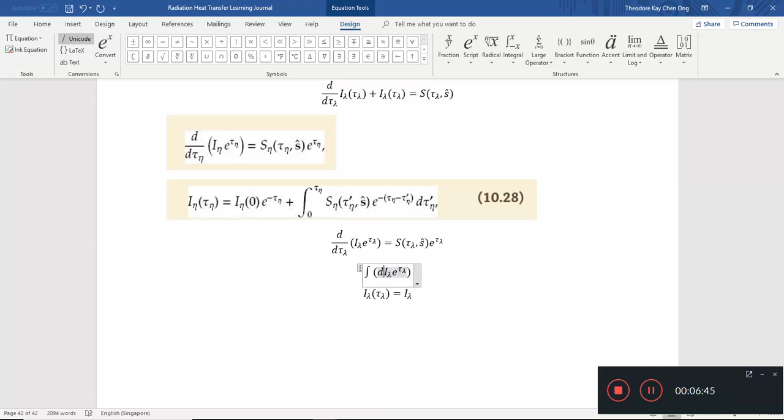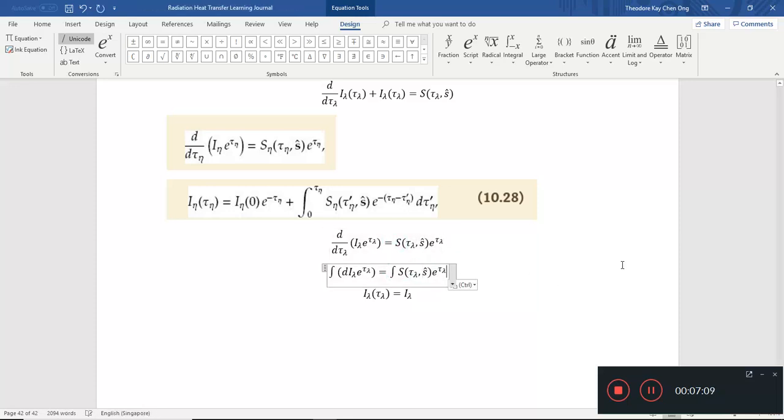Integrate whatever this term is. Let me do the integration properly first.